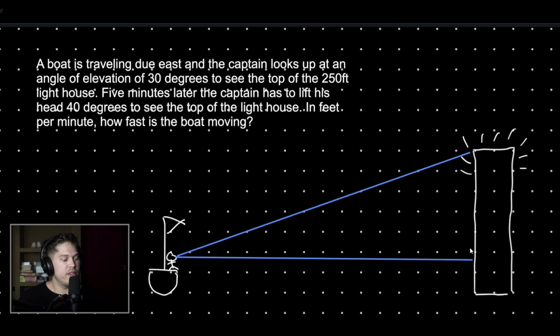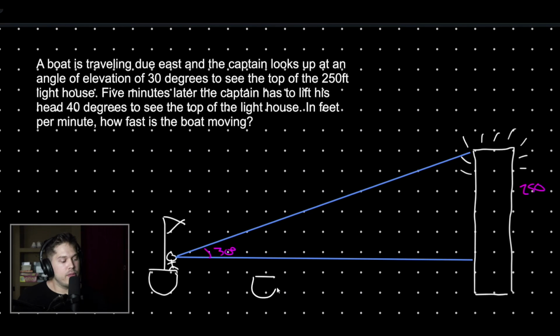So that's our line of sight. We know that the total height for the tower is 250. So let's label that. This angle of elevation was 30 degrees. Now what happens? Well, after 5 minutes of travel, the boat has continued to move.